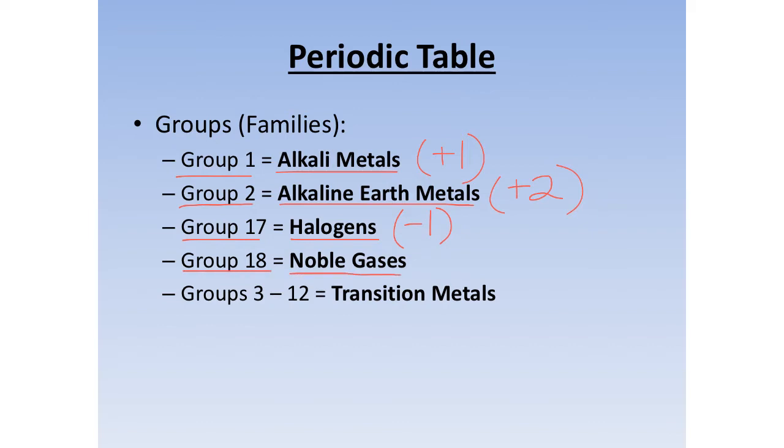Those are pretty much unreactive because they already have a full valence shell, so they will not form ionic compounds. And then groups 3 through 12, remember, those are the transition metals. And they can have various ionic charges depending on what it is. Like iron can be +2 or +3, copper can make +1 or +2 ions.